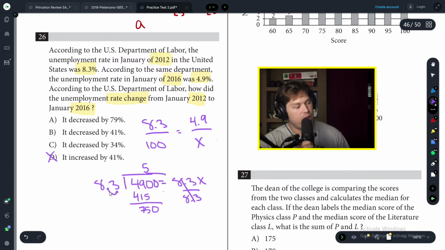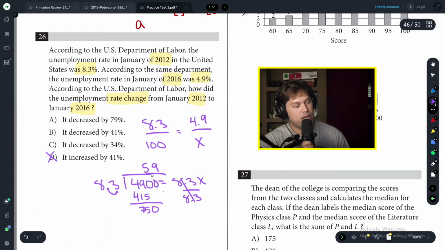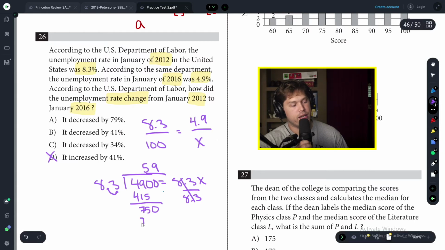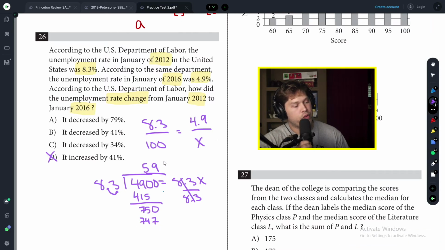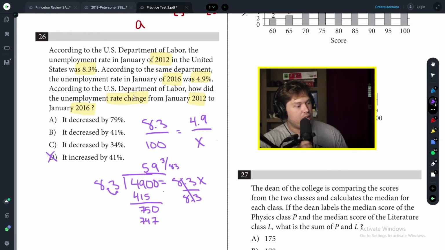And then it goes in, it looks like 9 times, because 9 times 83 would be 747. And we have a remainder of 3, so that's 3/83.